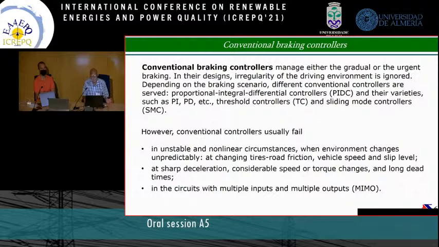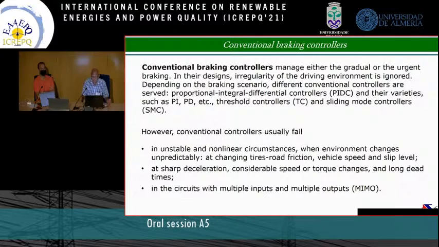On the road, the situation is not stable. The model of the system is non-linear. Deceleration may be very sharp in the middle, and sometimes very smooth. Dead times appear, which are prohibited in the case of PID control and threshold control. And our system usually has multiple inputs and multiple outputs, which are not suitable for conventional controllers.